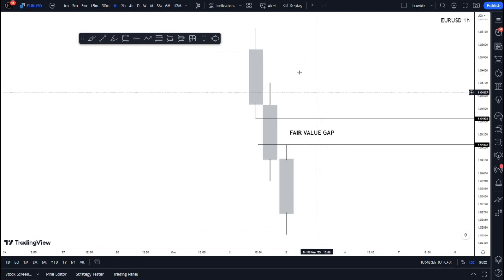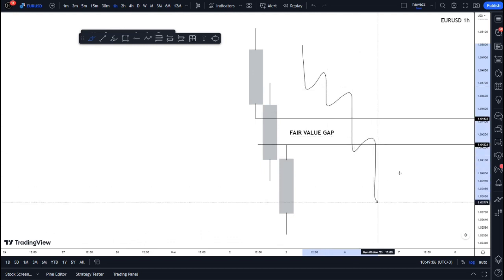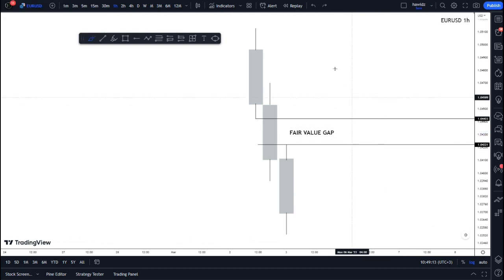So how are these fair value gaps formed? If we have a series of candles pushing like that in a downtrend, this space here is left when the momentum of price in that direction is very strong.